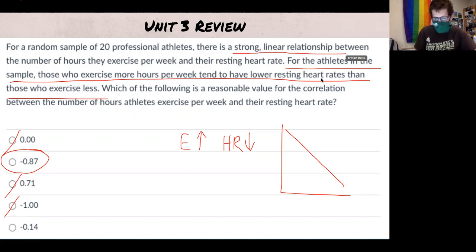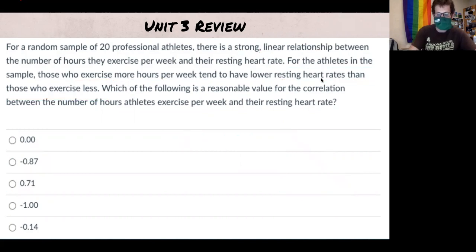So negative 0.14 would be a very weak relationship between the two, but the negative 0.87, my correlation coefficient, tells me it's going to be a strong relationship. So the points on this one probably cluster around like this, as opposed to your negative 0.14, which would not look very much like an association at all.